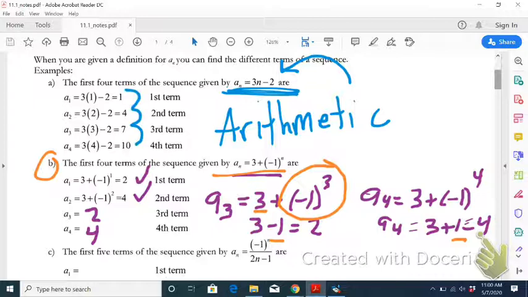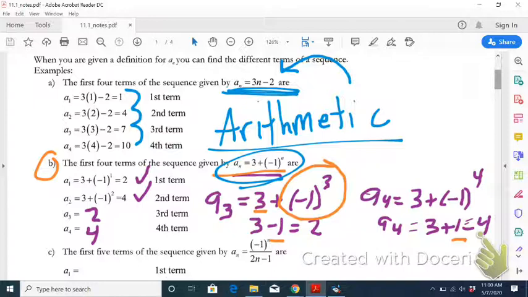So you add the same number to go from the first term to the second term as you do to go from the second term to the third term and the third term to the fourth term. So arithmetic sequences have constant slopes, but not all sequences are arithmetic. There's also geometric sequences, and there are also just sequences that are neither arithmetic or geometric, like this one. The one in B is just a sequence. It's not any special type of sequence.